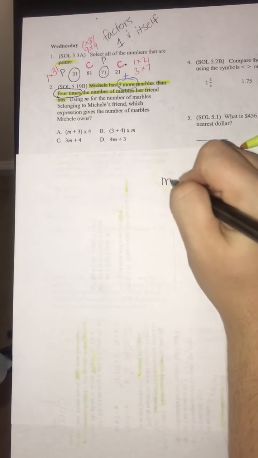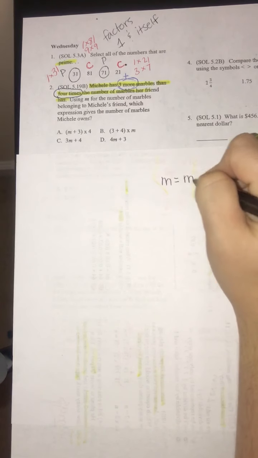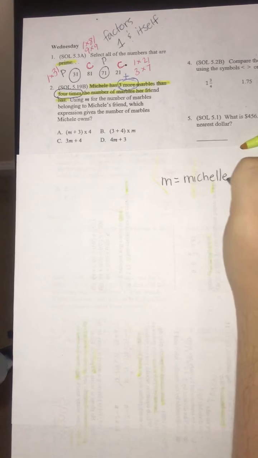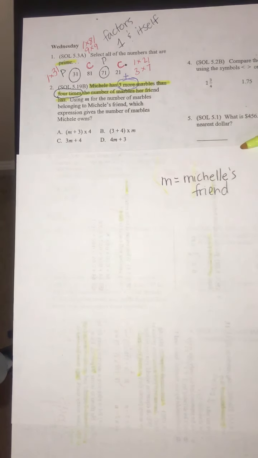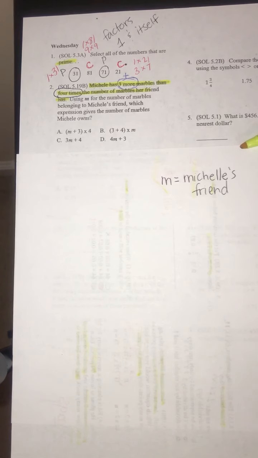M is going to be the number for Michelle's friend. Michelle has 3 more marbles than 4 times the number of marbles her friend has.